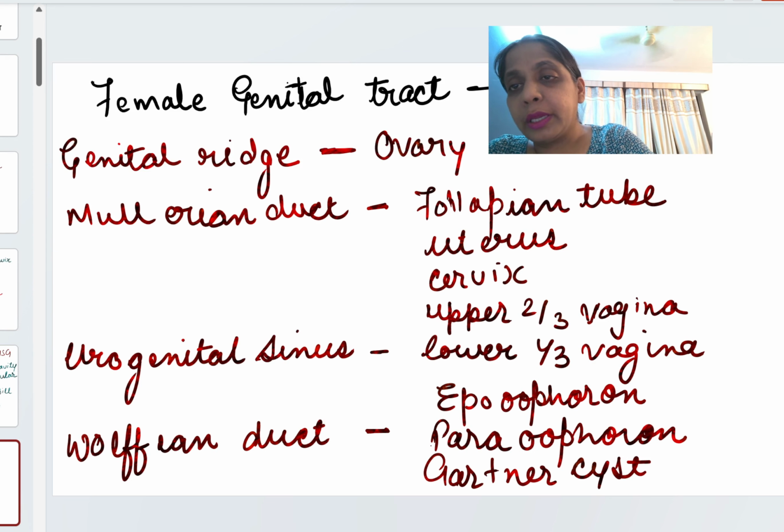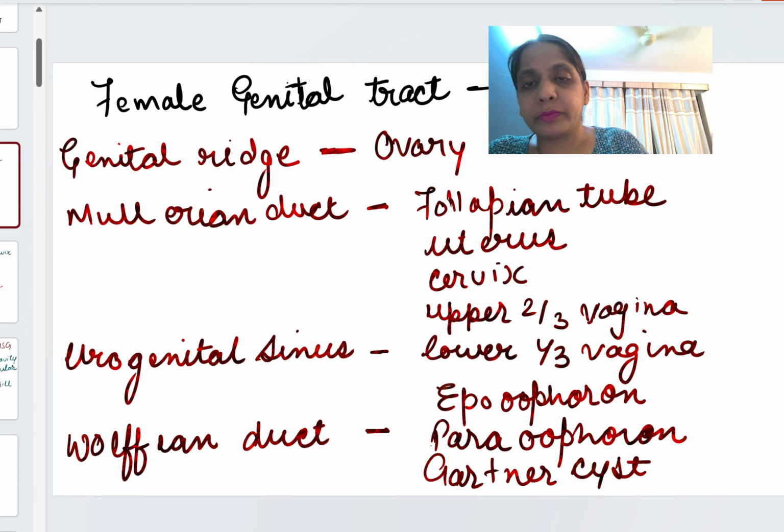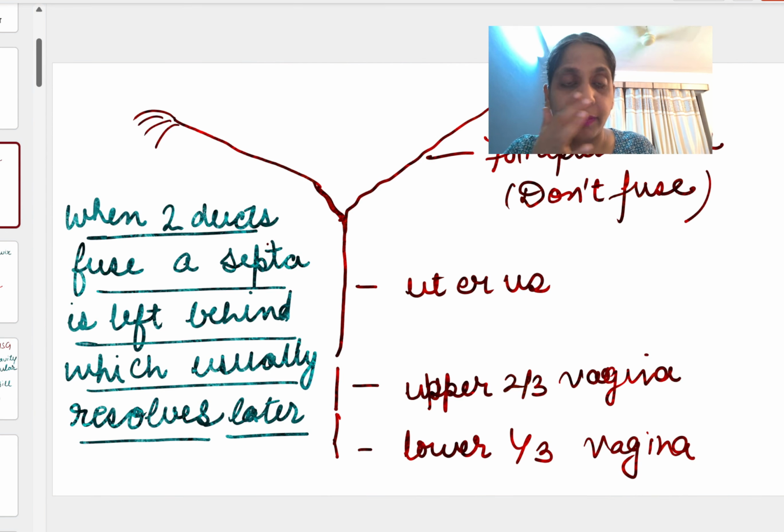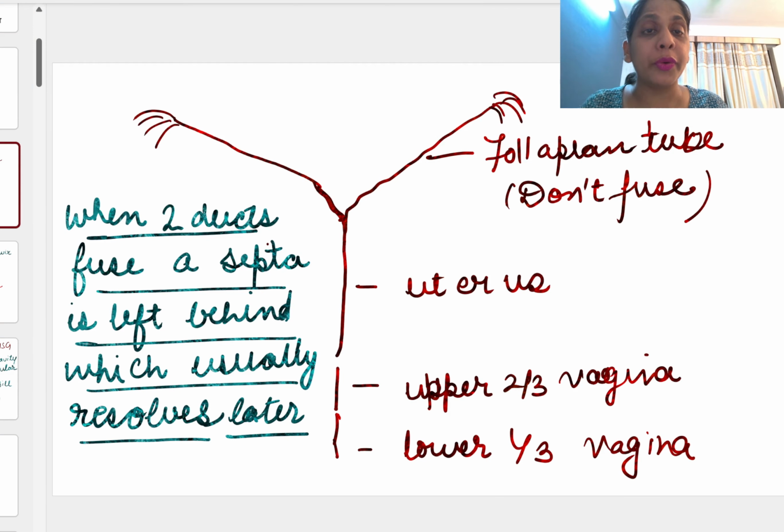Now we will come to the Mullerian anomalies. Before coming to the Mullerian anomalies, let's study what happens normally. These are the two Mullerian ducts. We know that they form the fallopian tube, uterus, and upper two-third vagina.